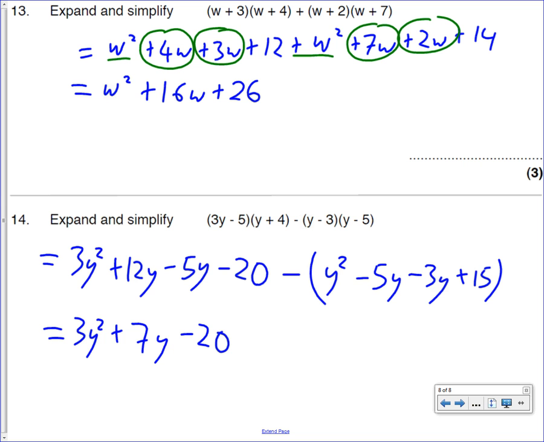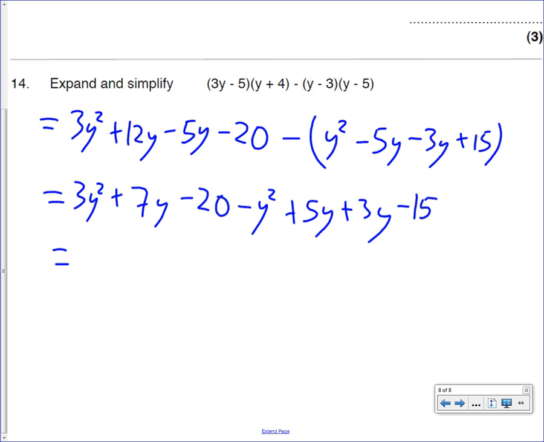And then because I've got a minus leading at the front of the brackets, that means I've got minus y squared, and I've got minus times minus, so I get plus 5y, a plus 3y, and a minus 15. And I times the difference by that minus at the beginning of the brackets. Changes all the signs.